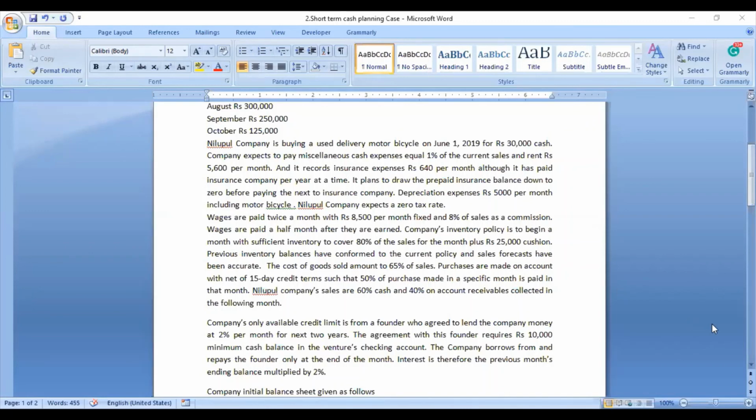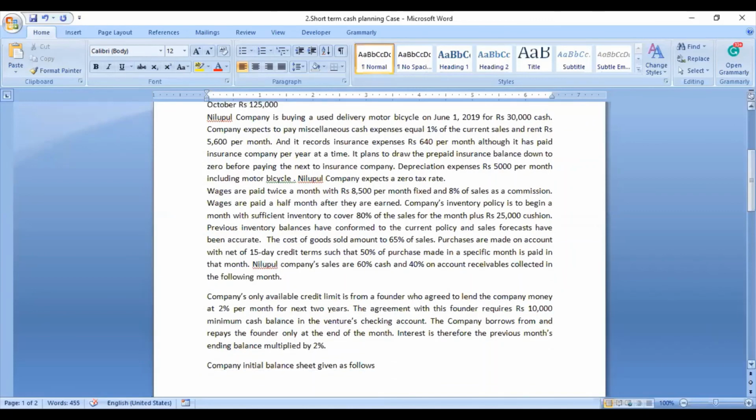Purchases are made on account with net 15 days credit terms, such that 50% of purchases made in a specific month is paid in that month. Nilupul Company's sales are 60% cash and 40% on account, with receivables collected in the following month.